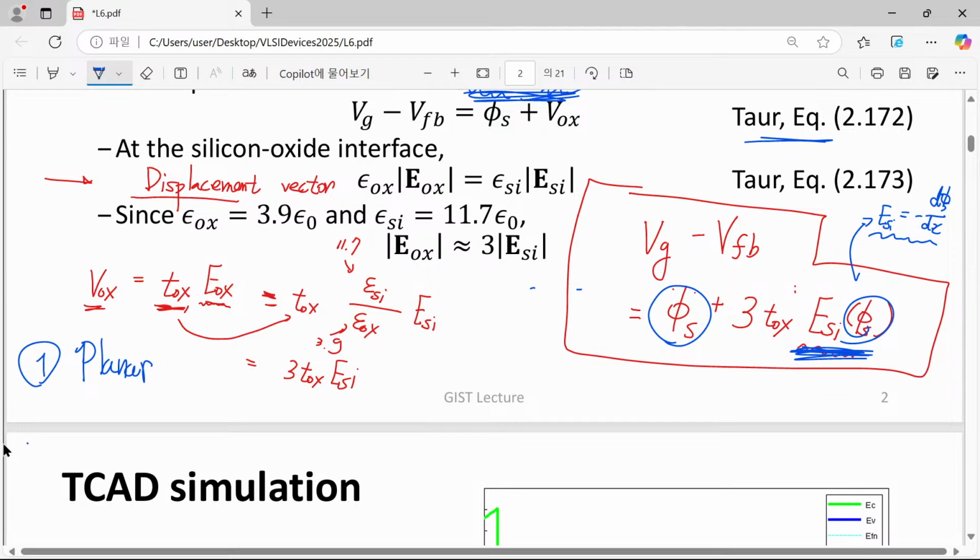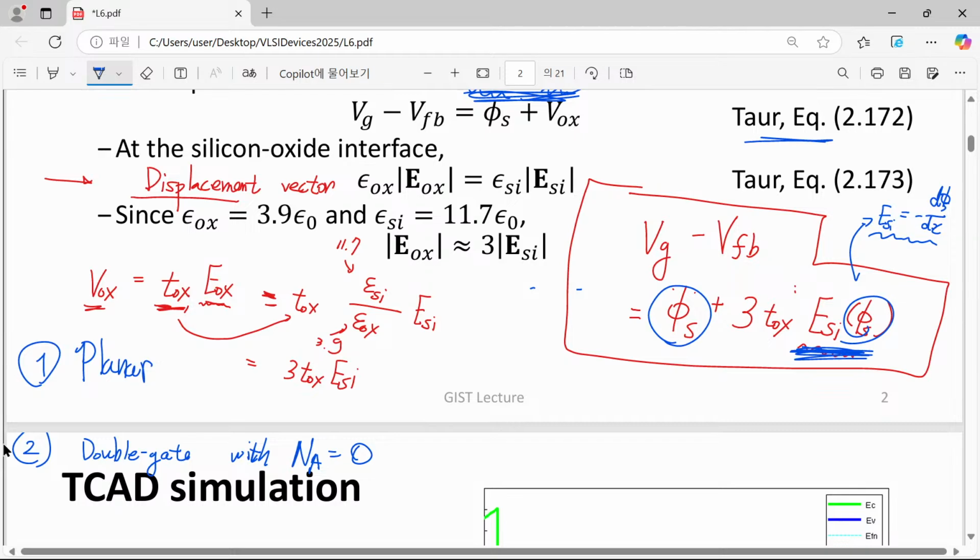The second and last available system is the double gate MOSFET with Na equal to 0, which means that there is no doping density at all. So these two cases are available in terms of analytic analysis. Okay, are you with me?